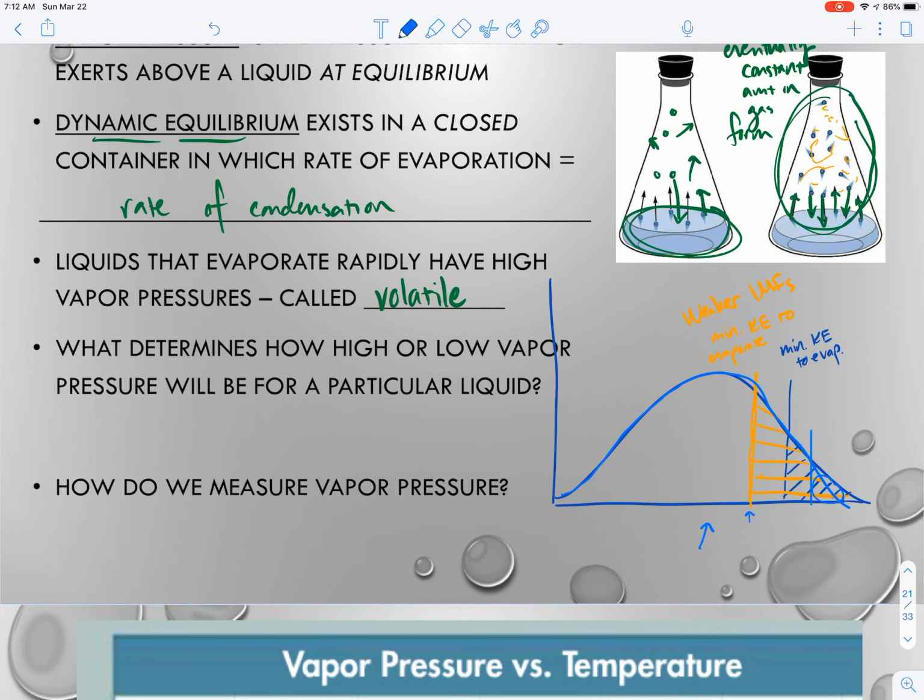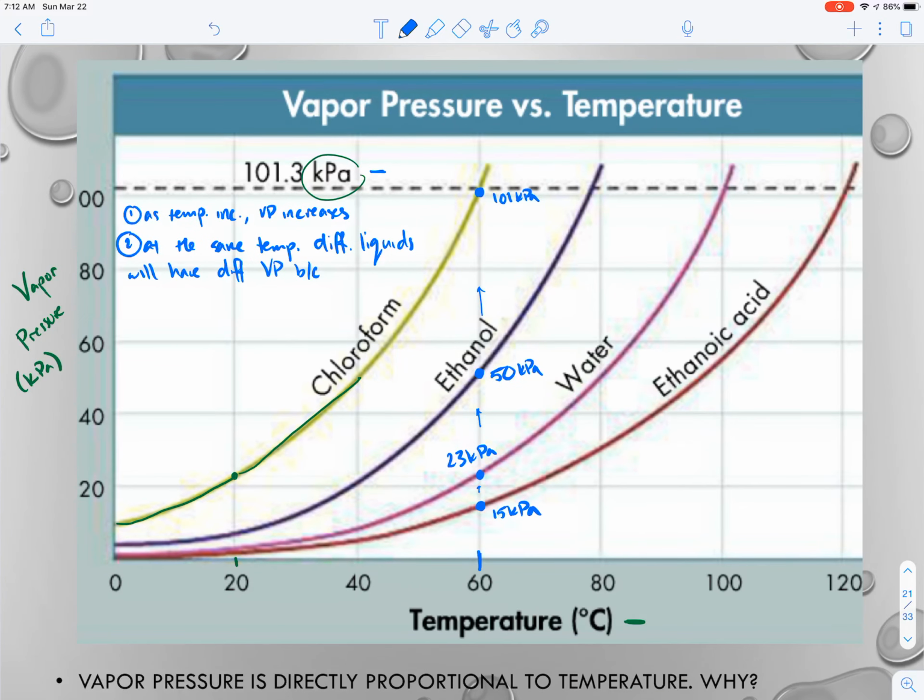So if we look over here, because at this given temperature, ethanoic acid has the lowest vapor pressure, that must mean it has the strongest IMFs. Conversely, chloroform, which has the highest vapor pressure at this temp, has the weakest IMFs, and then water and ethanol fall in between.